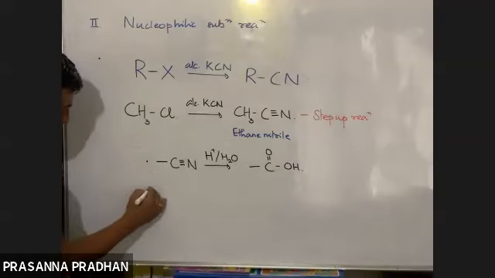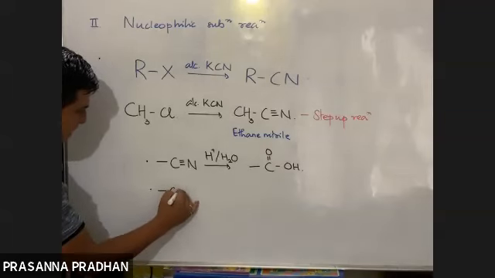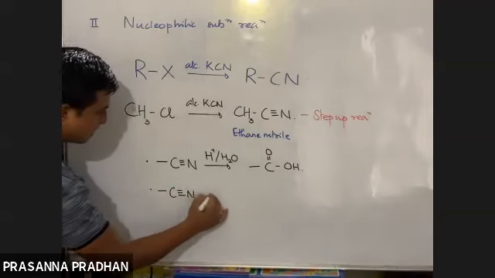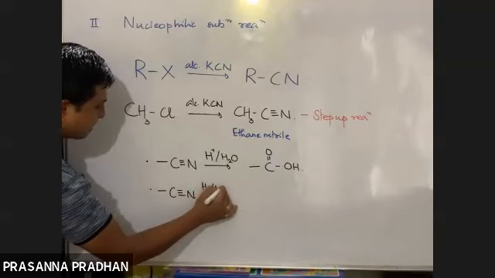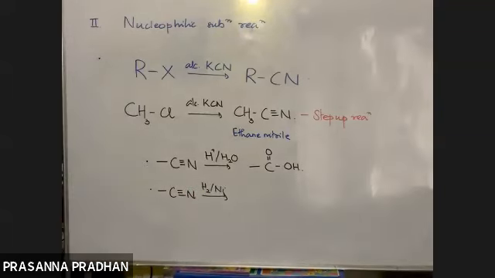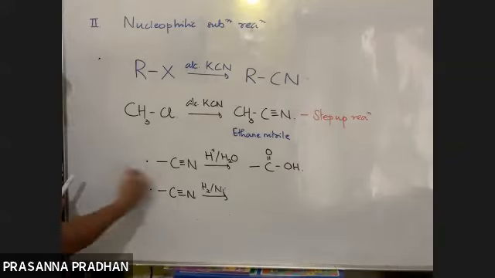Similarly, when cyanides are treated with hydrogen in the presence of nickel, what is this? This is a reducing agent. When we pass hydrogen over noble metals, it acts as a reducing agent. What does a reducing agent do? It supplies hydrogen. So hydrogen will be added across the triple bond. The triple bond will get reduced to a single bond.